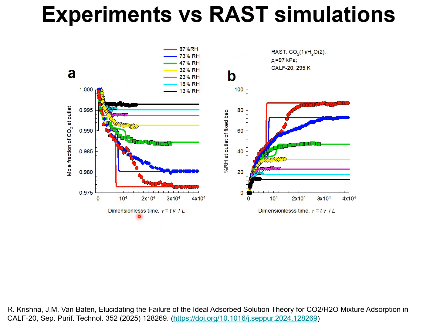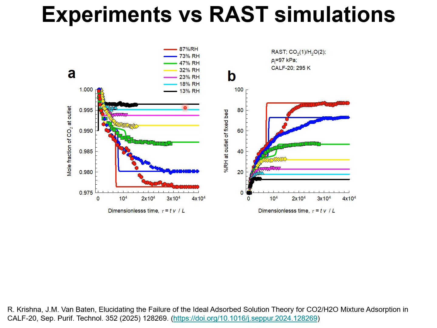The comparisons of the Nguyen experimental data indicated by the symbols and the transient breakthrough simulations incorporating the RAST indicated by the continuous solid lines are shown here for mole fraction of CO2 at the outlet as a function of tau, and percentage RH at the outlet as a function of tau.